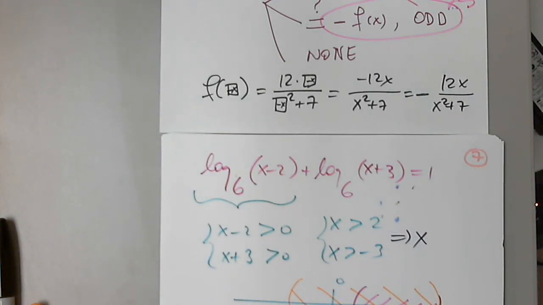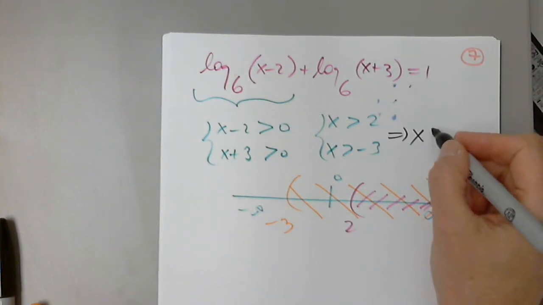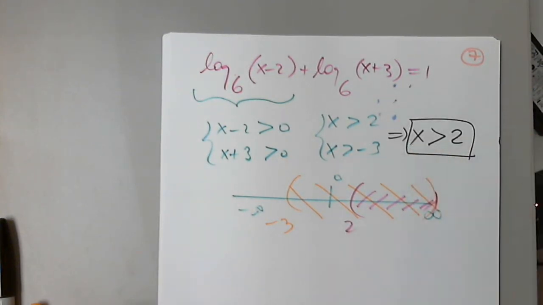Without which, if it's not in that interval, the solution cannot be accepted. Which interval are we talking about? Of course, thank you. So indeed, if x is not greater than 2, the solution, whatever we find, cannot be accepted.